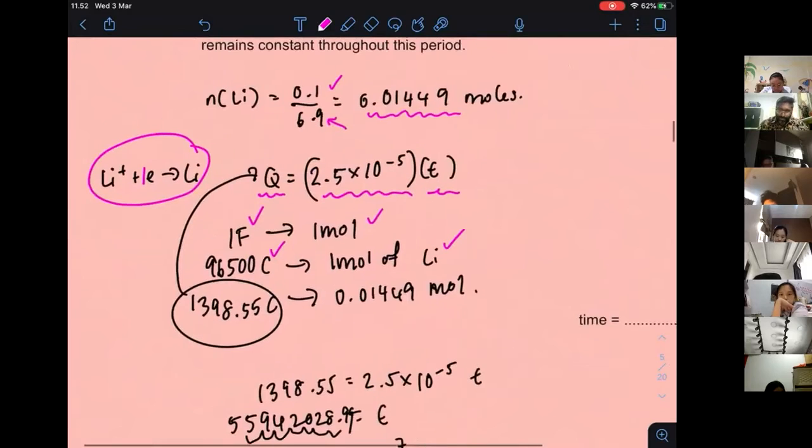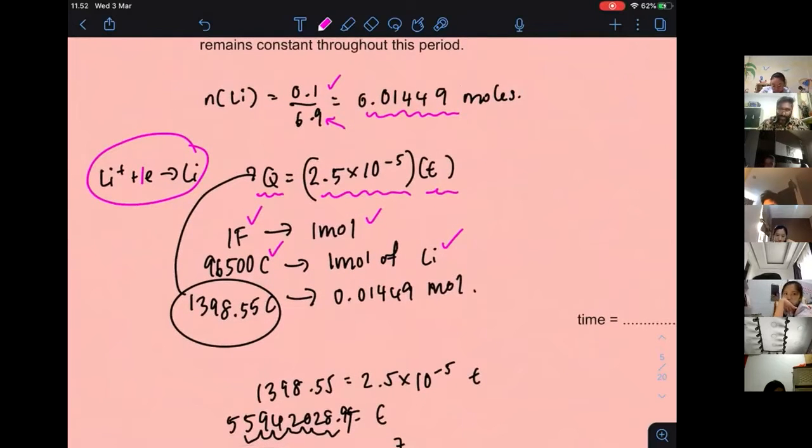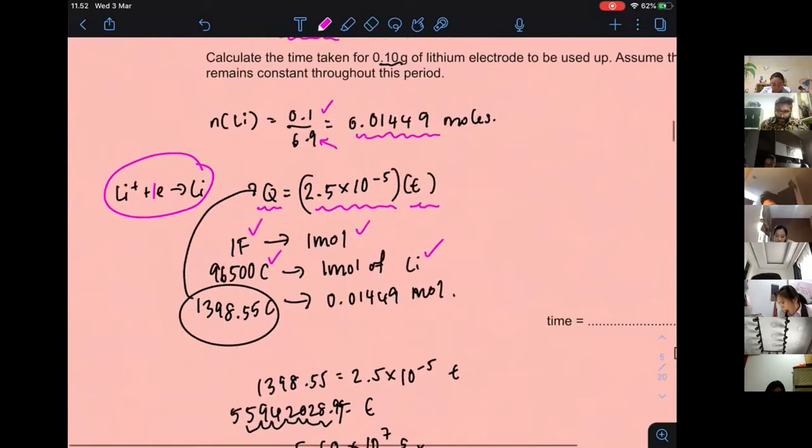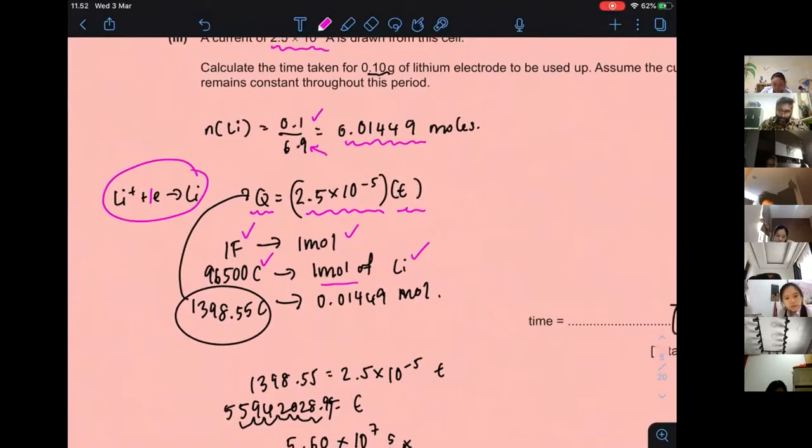Now I don't have that column. I need to find out what the charge is that I have, because if I have 1 mole of lithium, then 96500, but now I don't have 1 mole of lithium, I have this amount of moles.